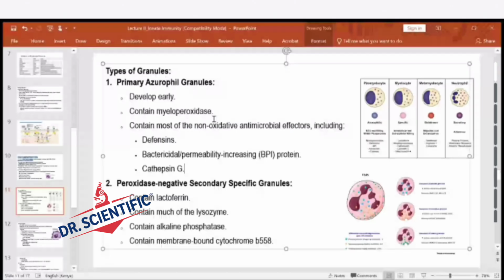Peroxidase. Remember, the azurophil has myeloperoxidase. So what do they contain? Then they contain lactoferrin. We already saw lactoferrin, we looked at that previously.